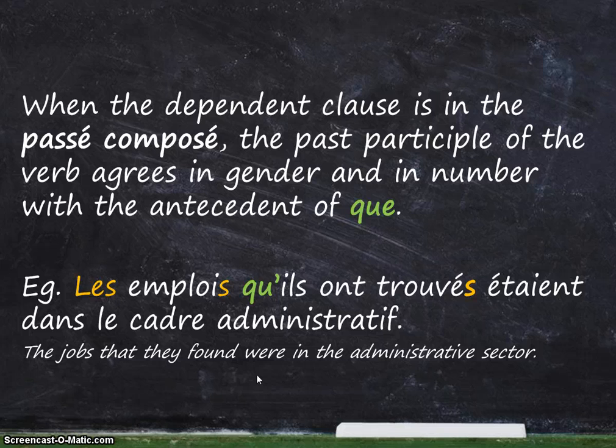So, que is used as the direct object of the dependent clause, and qui is used as the subject of the dependent clause. And we say that the verb that follows qui agrees with its antecedent.